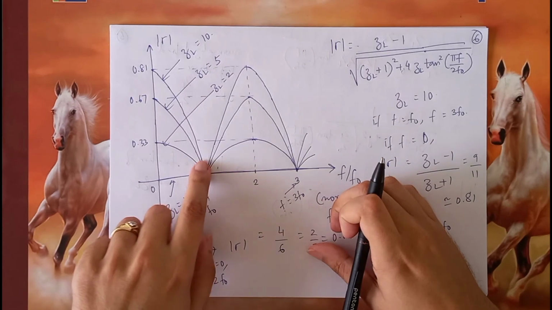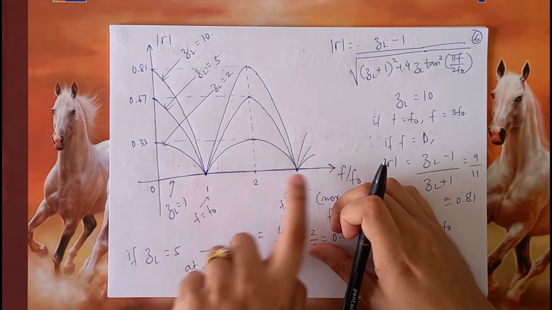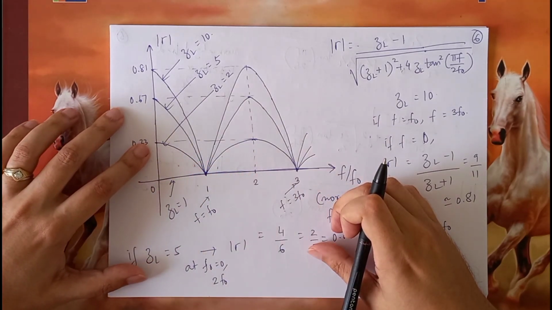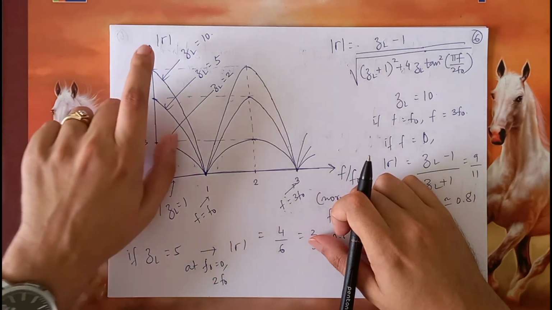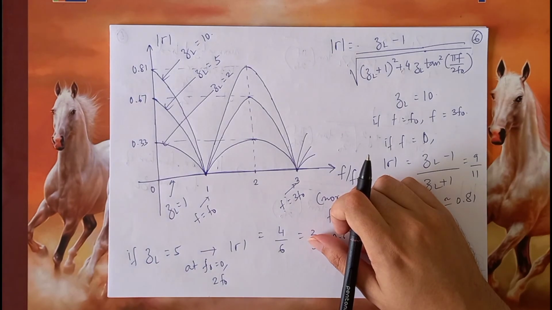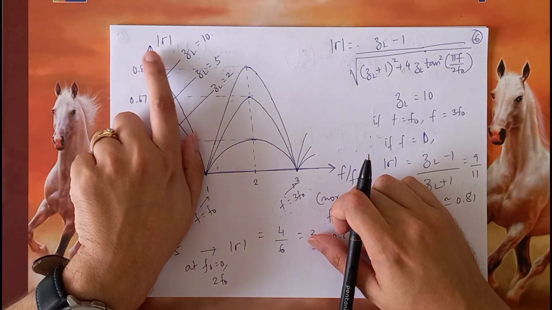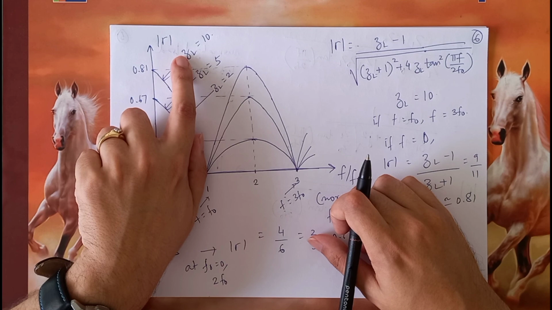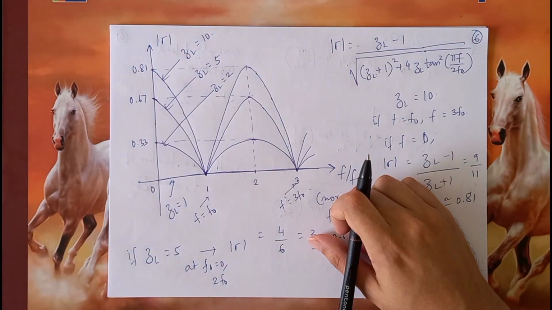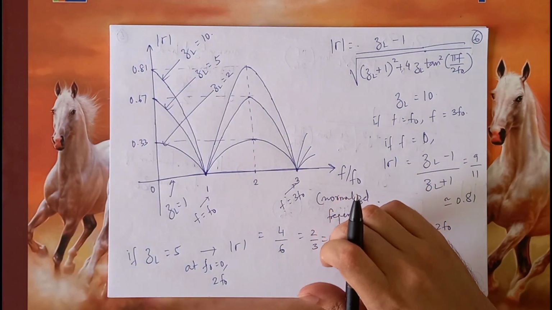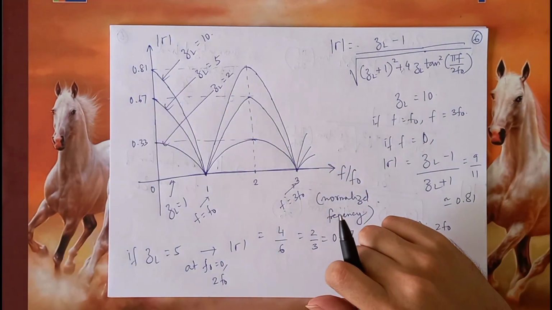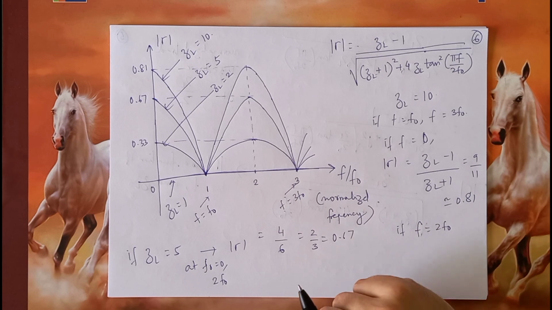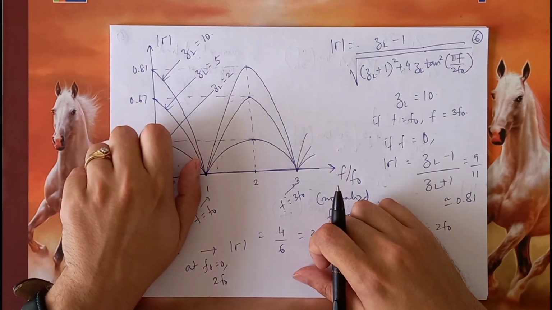So as you tend to go more and more away from the minima points, the maxima of mod gamma in such cases where normalized load impedance is high, or the line impedance and the load impedance are very wide apart, you will see that the matching will essentially worsen.